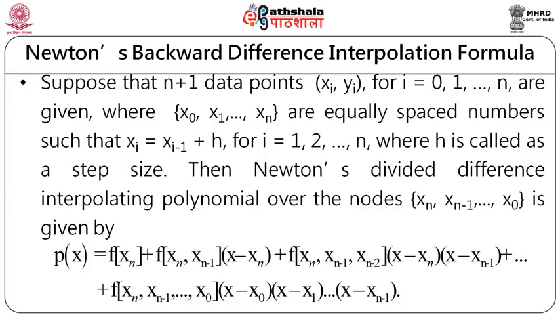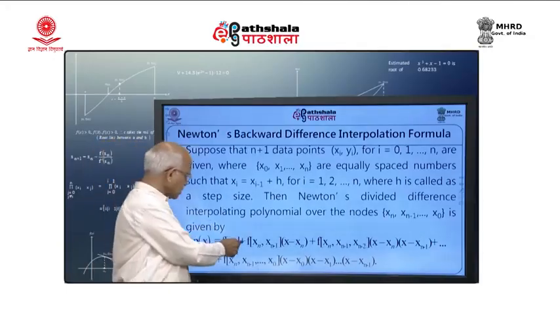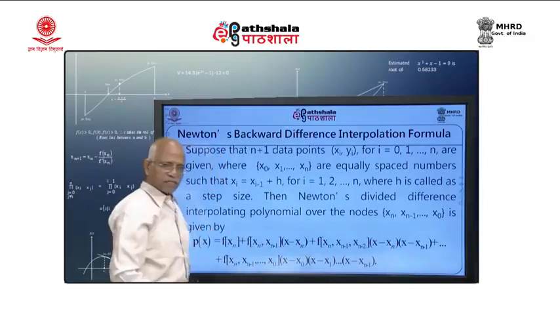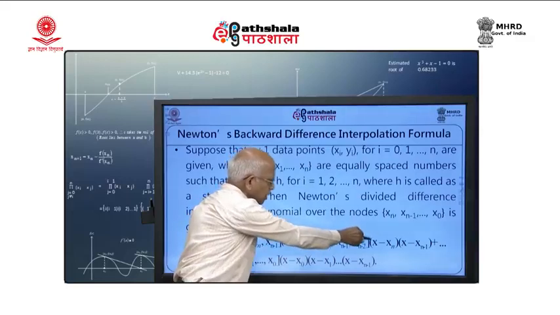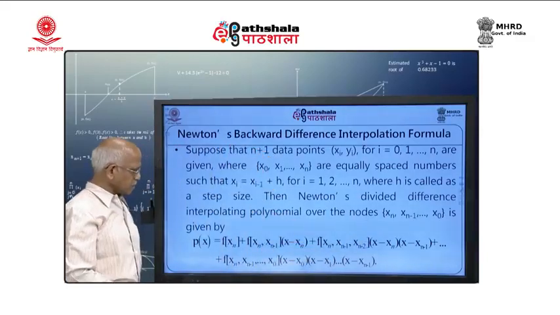And when we write nodes in that order, my divided difference interpolation formula becomes p x equal to f of x n. So now the first node is x n. So I will get f x n plus f of x n, x n minus 1 into bracket x minus x n, plus f of x n, x n minus 1, x n minus 2 into x minus x n, x minus x n minus 1, and like that I will be getting.